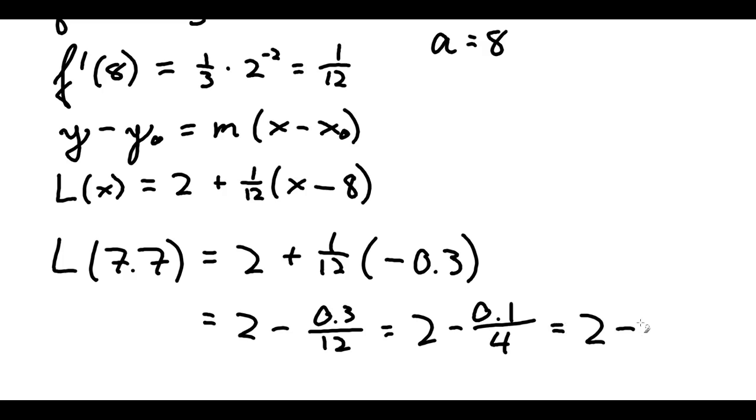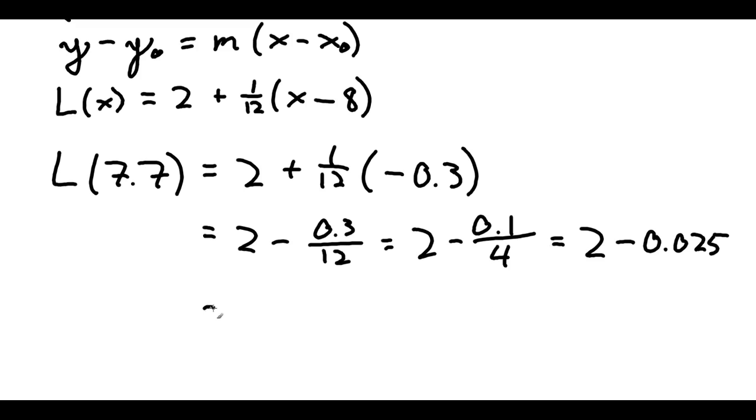That is 2 minus 1/4 of a tenth. That looks like it's going to become a 0.25. So if we take 2 minus that, we'll be left with 1.975, if I'm doing the mental math correctly. Let me check my notes here, and yes, there we go.